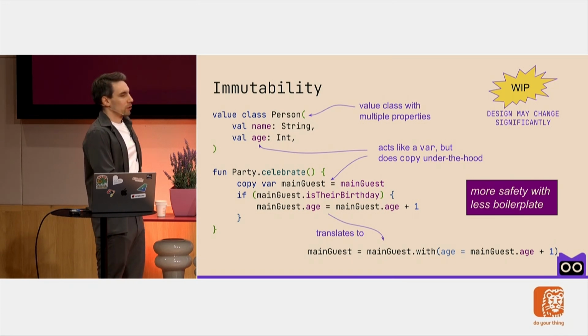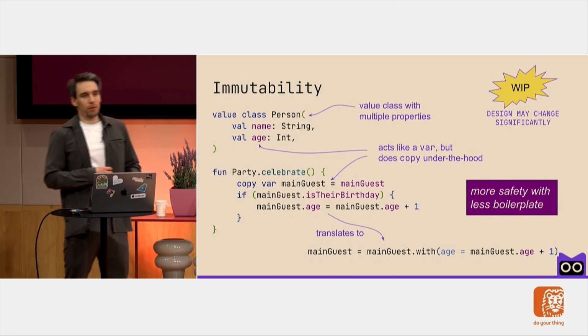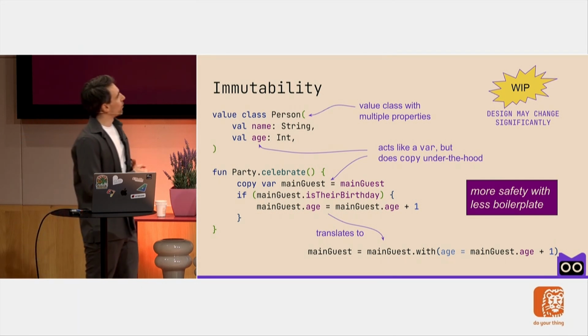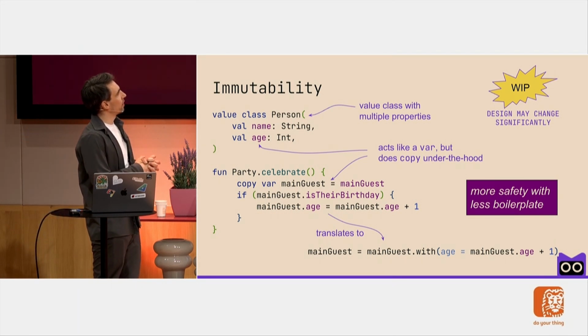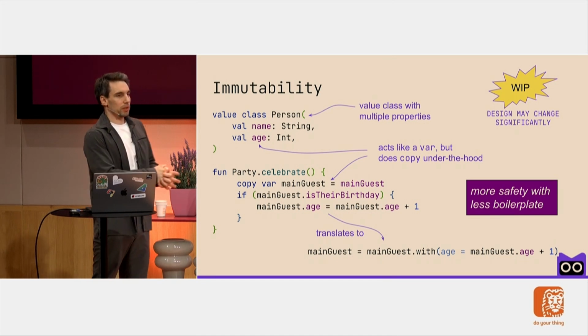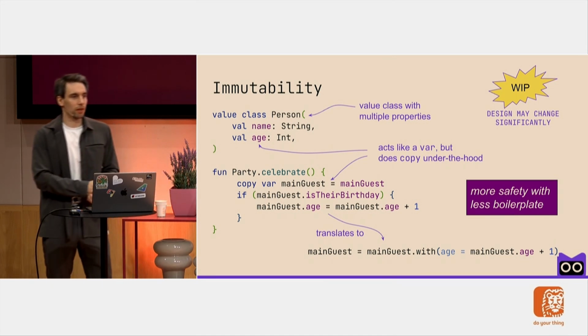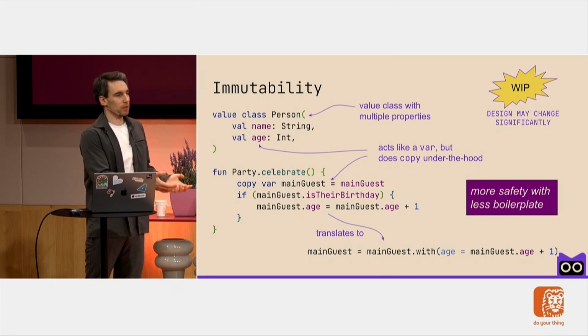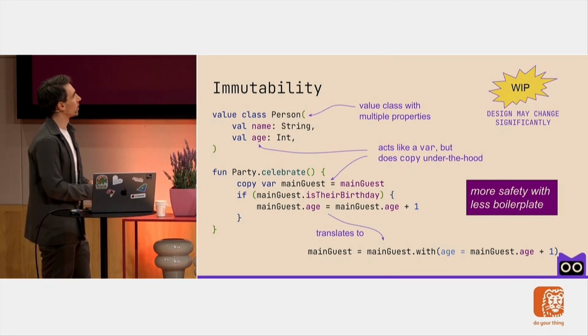But of course, we would love to modify them at some point because it's impossible to live with just immutable data. But the trick here is that in order to modify it, the compiler will create copies, how it creates today, for instance, for data classes when you want to modify a data class which has only vals.